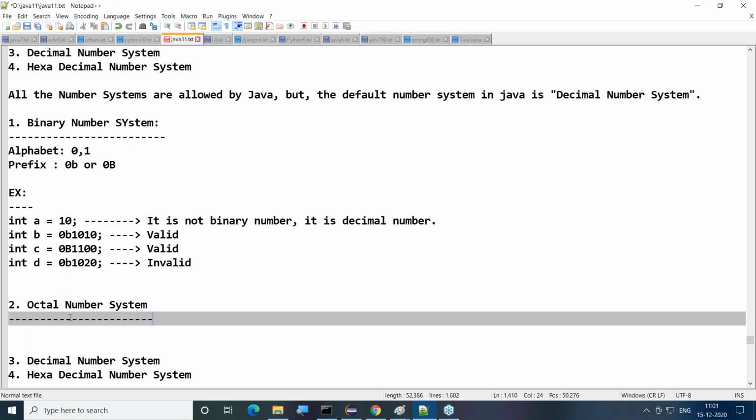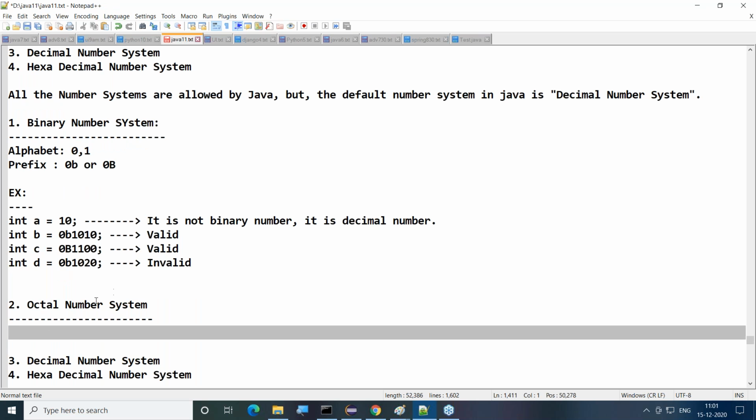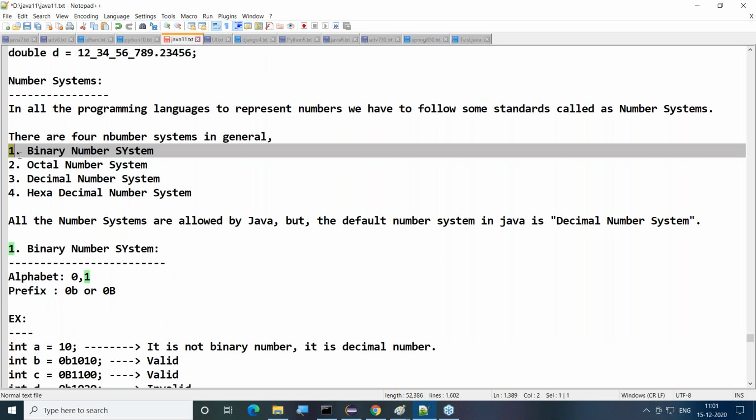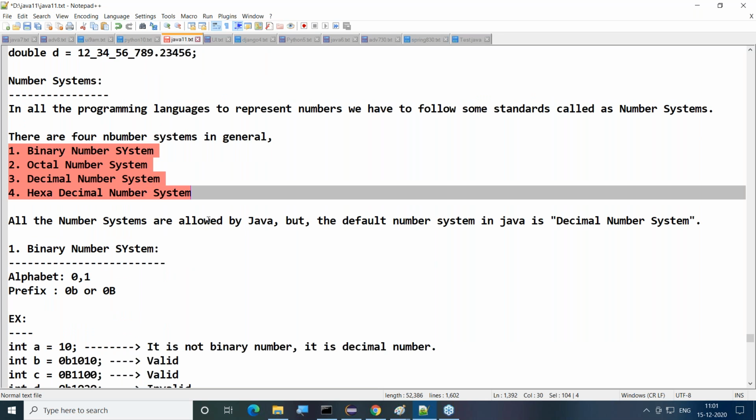What are the various number systems available in Java? Overall, 4 types of number systems are available: binary number system, octal number system, decimal number system, and hexadecimal number system. These are the number systems we have.